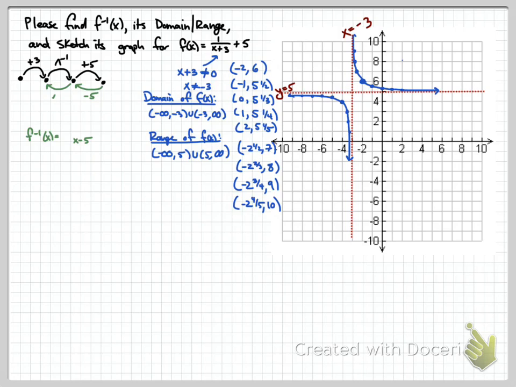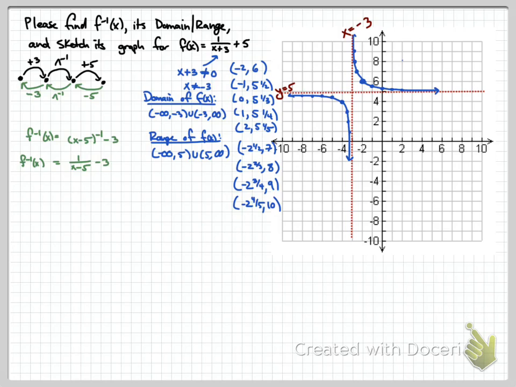You actually take the reciprocal again. We talked about this in class. And so we can either say (x minus 5) to the -1st, or we can say 1 over x minus 5. And then the very last thing we need to do is subtract 3. So you can put a subtracting 3 here, or you can put a subtracting 3 here. Here is our inverse function's equation.